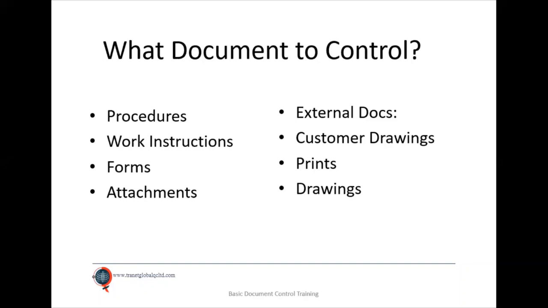One of the reasons you control external documents is to be sure that the version of that external document you're using is the updated copy. For example, we have different standards, both technical standards and non-technical standards in our various fields.